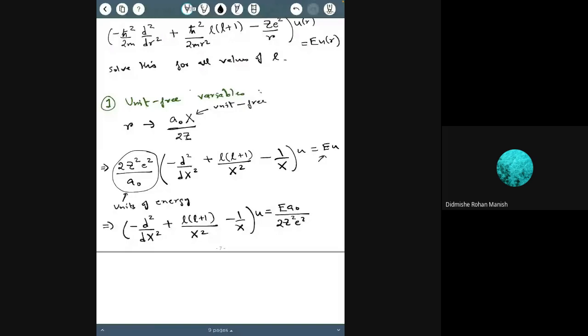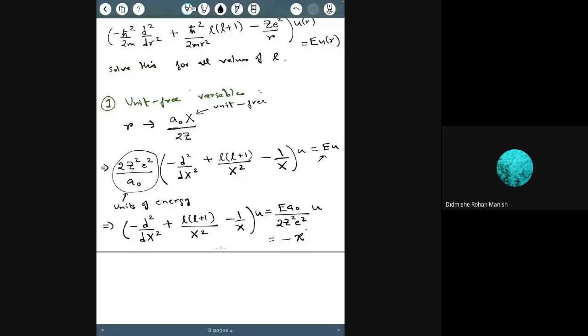And again, like done before, I will write it as kappa square u, where kappa square is equal to minus E A0 by 2Z square. So here we've already ensured that we're looking for negative energy.